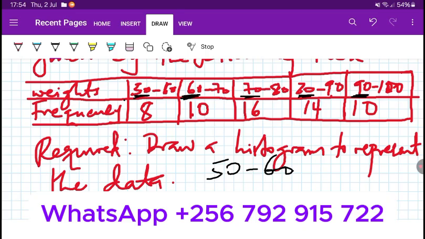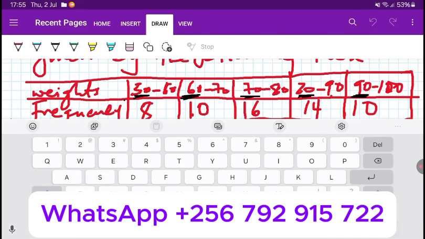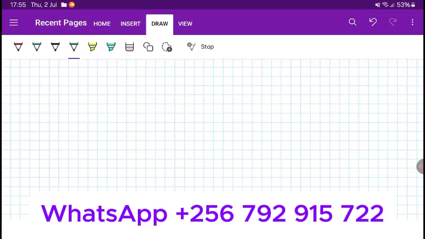So let's maybe first put these values in vertical columns. That's when maybe you'll understand more. Let's try to put these values in a vertical column.